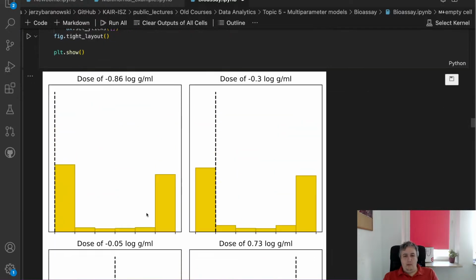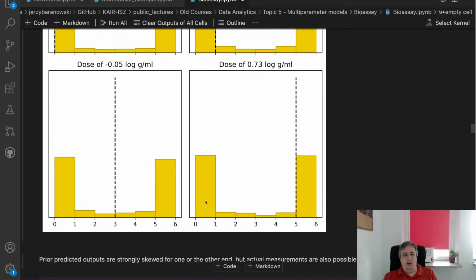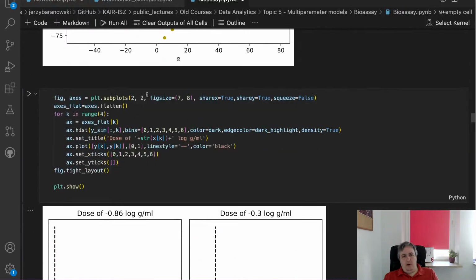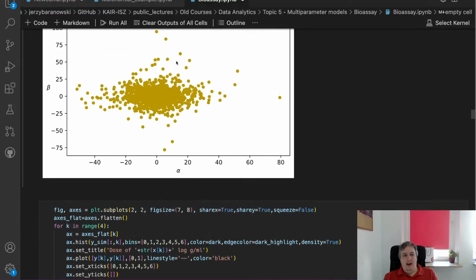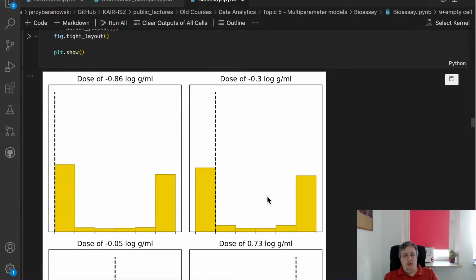This, of course, comes from the problem that those parameters are a bit too large, and that's what pushes us away. So we should probably add a smaller scale.